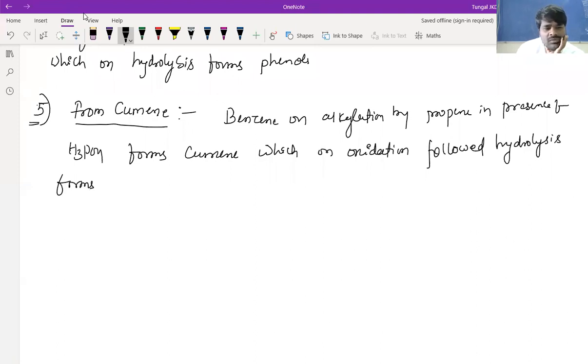See, this is your benzene, and this is your propene.